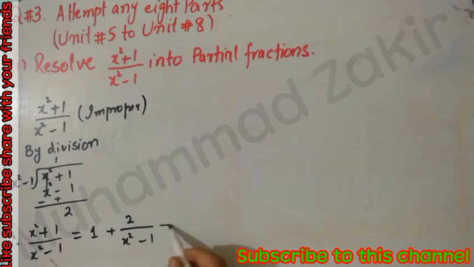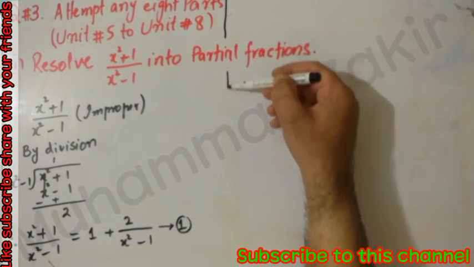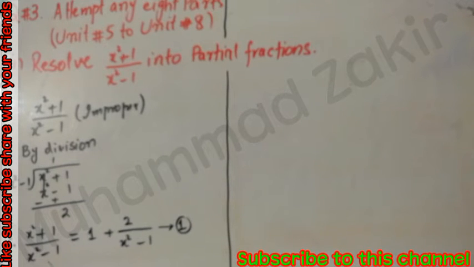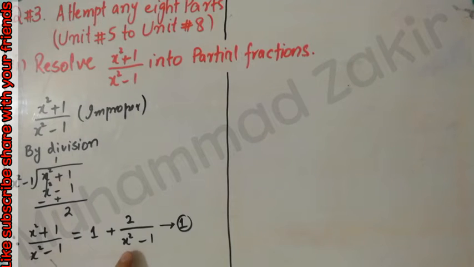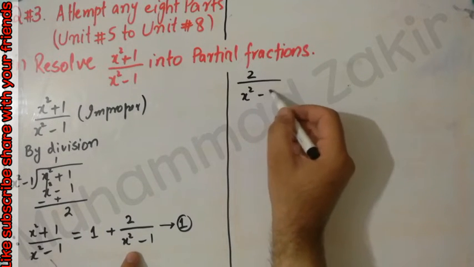Now we can name it 1. If we name it 1, then we can proceed with this structure, 2 by x square minus 1.